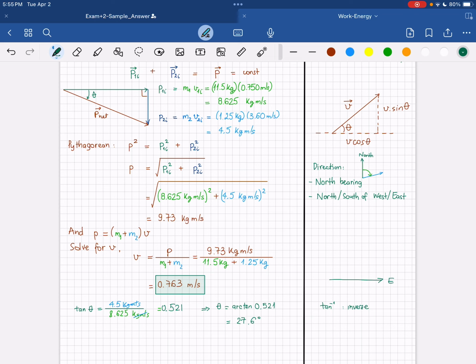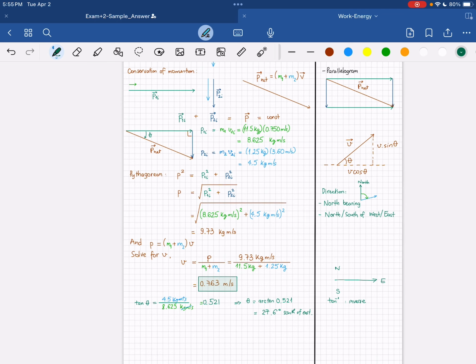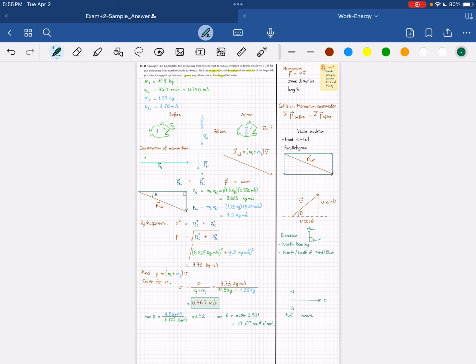And then below that it should be the south, above it should be the north. So then we will say that this is 27.6 degrees south of east. So that should be the answer, okay? This is the angle south of the east. Okay, so that's it. Then we are done.